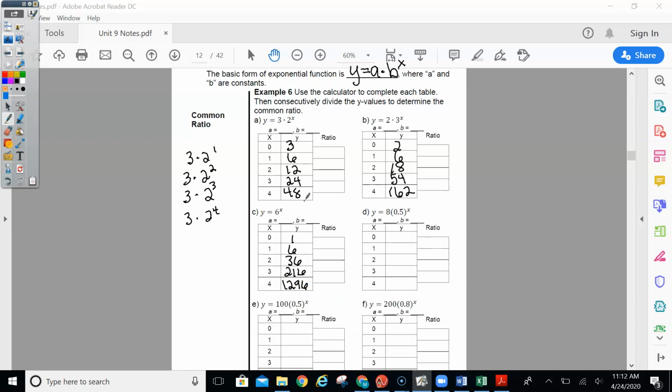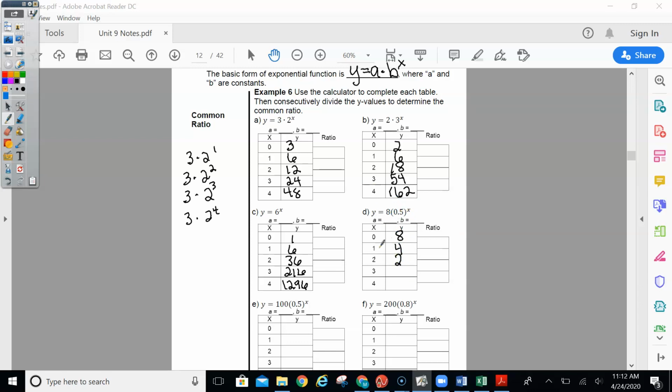Alright, here. Again, if I plug in 0, anything to the 0 is 1. So 1 times 8 is 8. To the 1 power is itself, so this is half. Half of 8 is 4. If I square it, 1/2 squared is 1/4. 1/4 of 8, or 8 divided by 4 is 2.